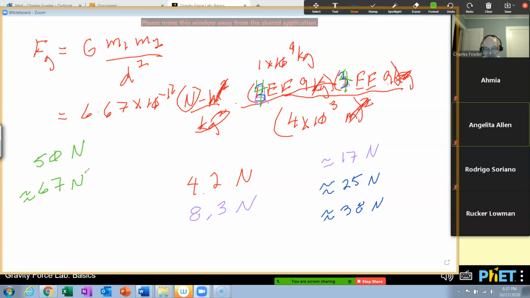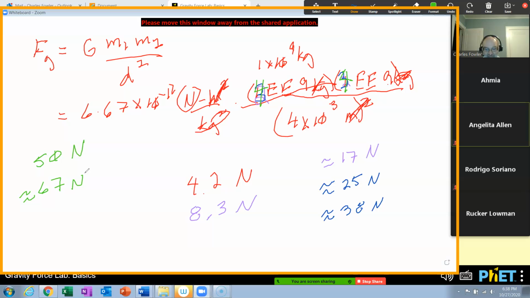Now let's go back and do it again and make sure I didn't make an error. 6.67 EE11 minus times 4 EE9 times 4 EE9 divided by, open parentheses, 4 EE3 close parentheses squared equal.